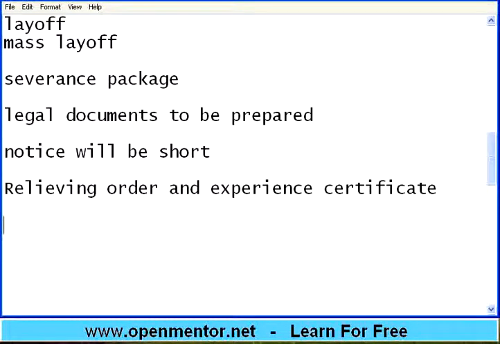Why did you get laid off? So there may be a question. It may be of no fault of the employee. So to cover it up, normally they don't mess with the relieving order and experience certificate. It will happen as though the person is leaving the organization voluntarily. So apart from this, there is no big difference between a person voluntarily leaving and one asked to leave.